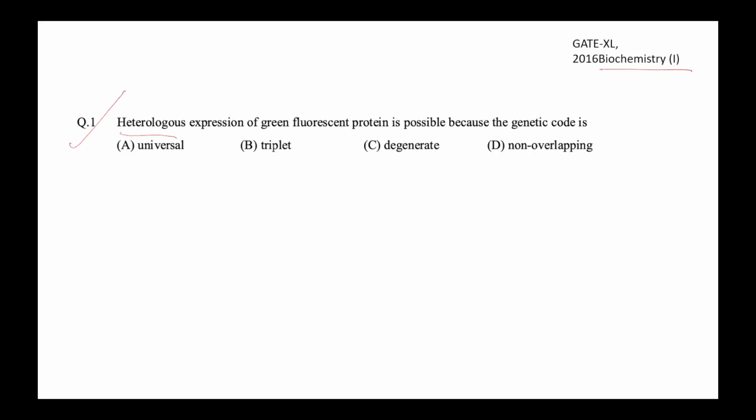So heterologous means not same, that is, a protein that belongs to some other organism. Suppose there is a human protein, a human insulin protein, but I put the protein inside another organism, a bacterium, and there inside the bacteria I allow the protein to overexpress, or to be synthesized in a different system, which is called heterologous expression of this protein.